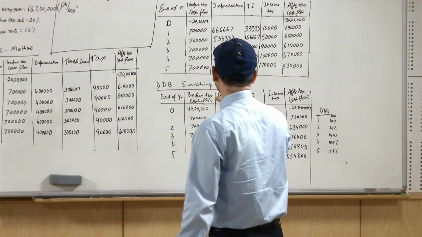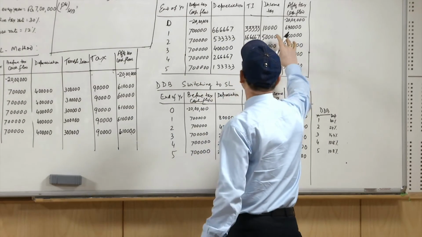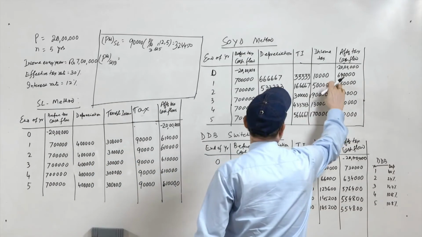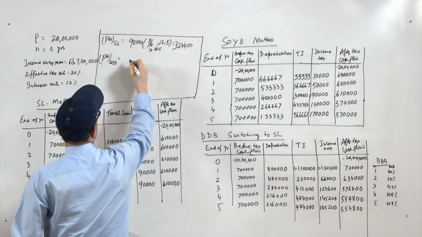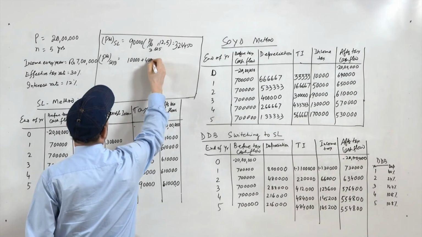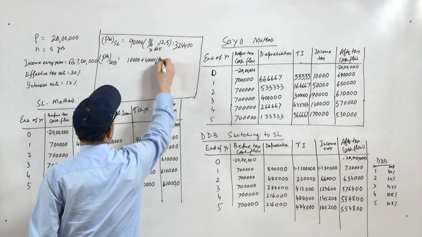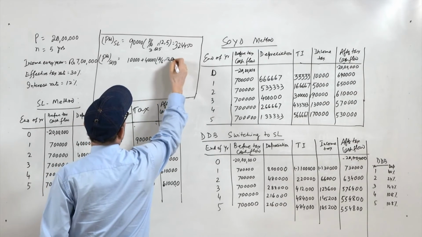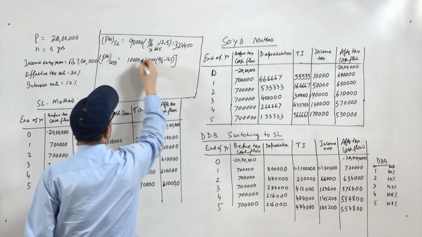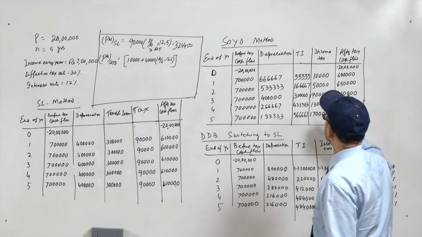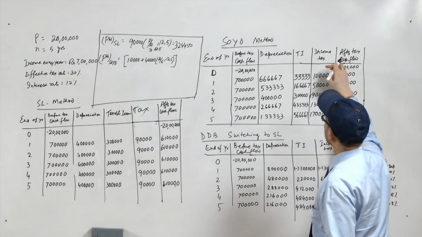So this can be done by using the uniform gradient series. So it will be 10,000 plus 40,000 A by G 12.5, and once we get this it will be multiplied.